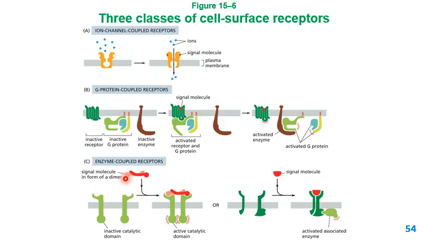They're usually monomers out there. But then your ligand molecule comes along and gets those two receptors to interact. When they interact, they have some type of enzymatic property in the cytoplasmic side. And this thing is going to cause something to happen to the cell. Okay, so those are enzyme-linked type of receptor.